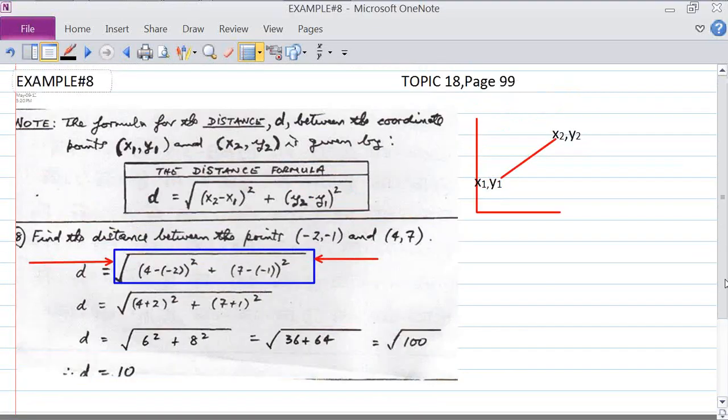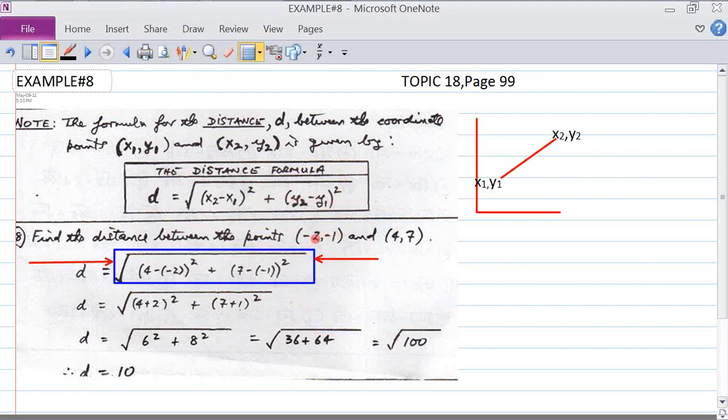So let's go over this again. The reason this example is coming in here is because we've got the square root sign. This is the distance formula. The distance formula looks for the distance between this point and that point. And it's obtained, d is the distance, by taking the difference in the x's squared and adding it to the difference in the y's squared.